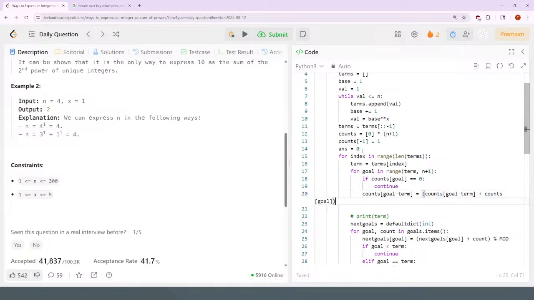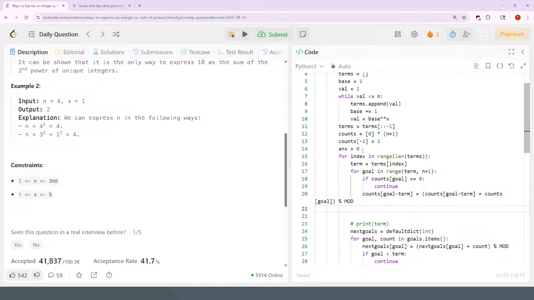Mod. So go up the ladder. There's a spot that actually has a way to get to that spot.